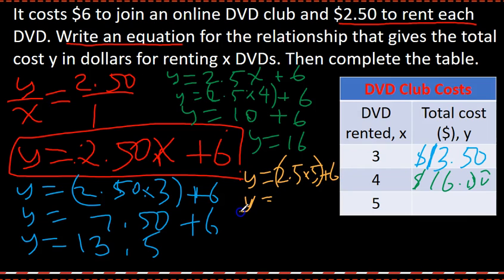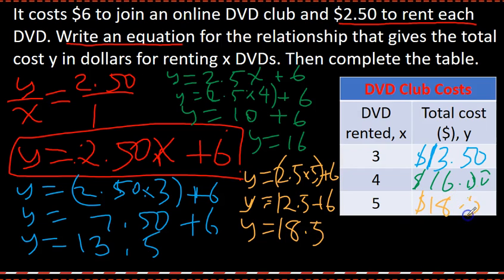So 2.5 times 5 is 12.5, plus 6 is 18.5, which is $18.50. Is that easy enough for you? Okay, that's it.